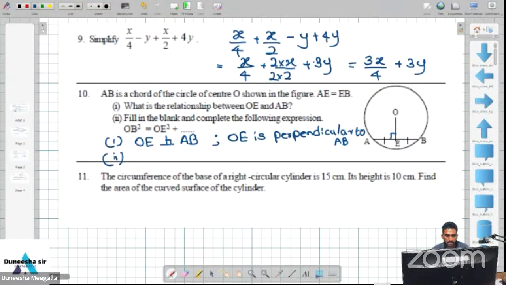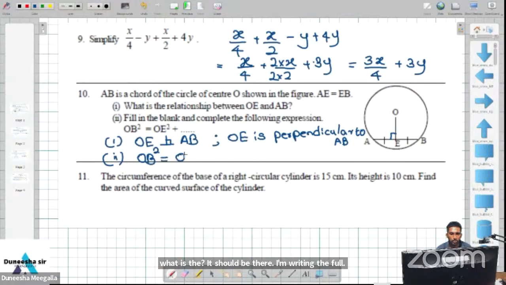Yes, Inuri's answer is correct. Sehansa's answer is correct. Okay, I'm writing the full equation: OB square equal to OE square plus EB square.